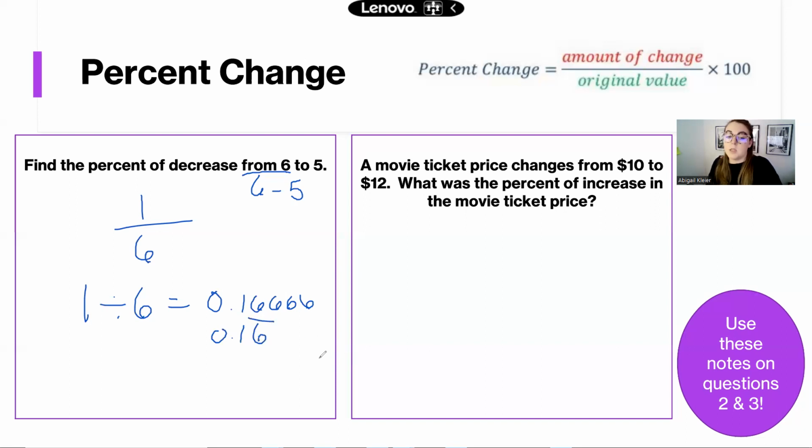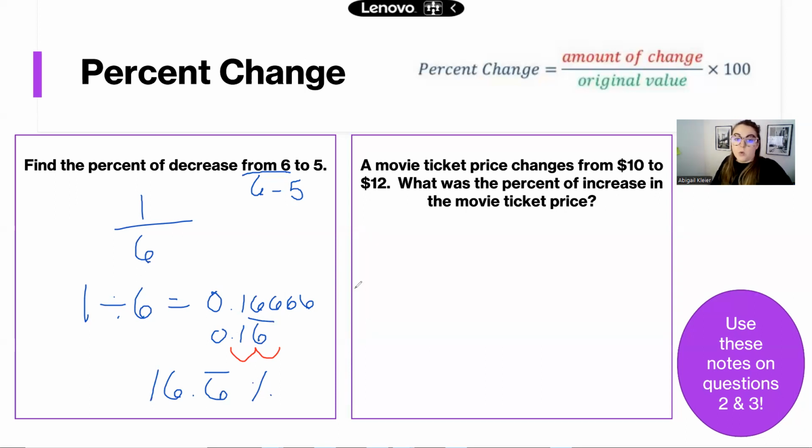And we're going to convert this into a percent. Again, in order to convert to a percent, you are going to move that decimal 2 spaces. So 1 over 6 is equivalent to about 16.6%. So the percent of decrease from 6 to 5 is approximately 16 to 17% decrease.